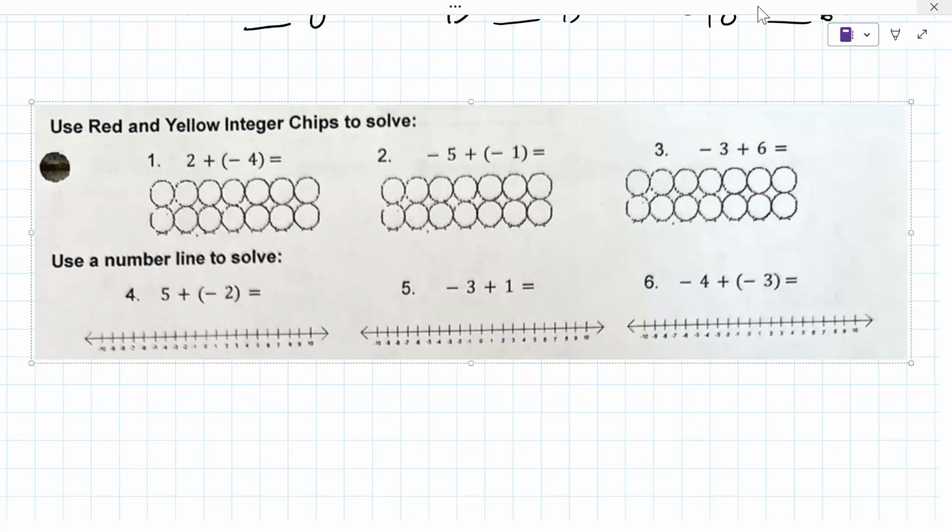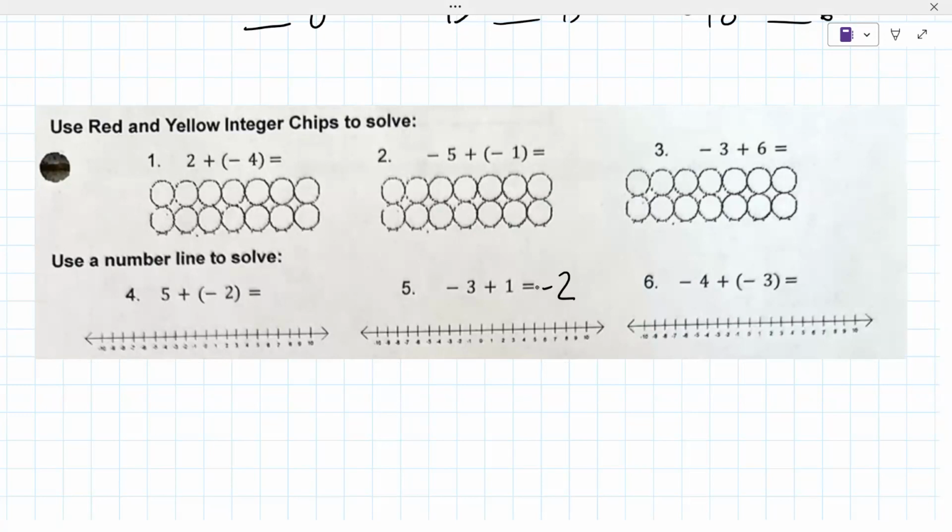Okay. So for number 5, one positive and one negative. Number 5, would it be negative 2? Yes. Okay, great. Give me your answers to each of those.